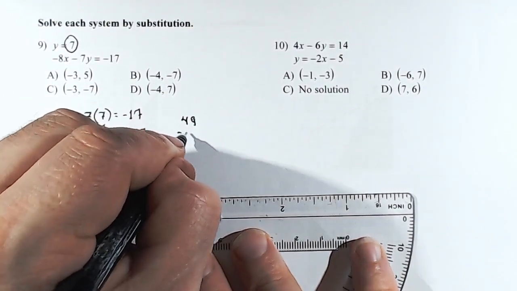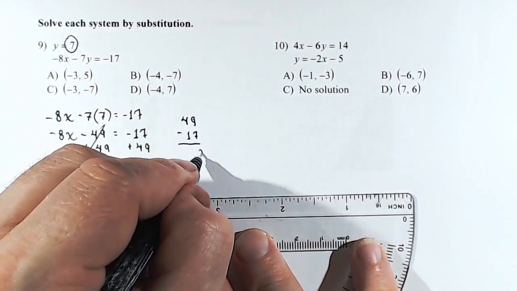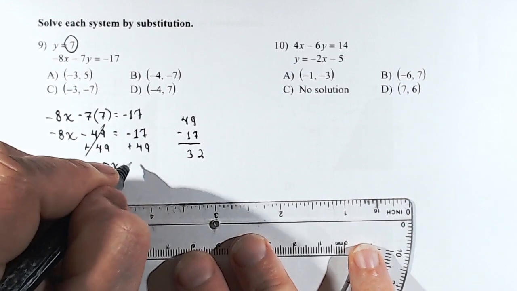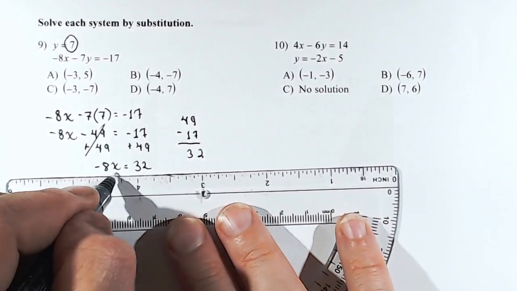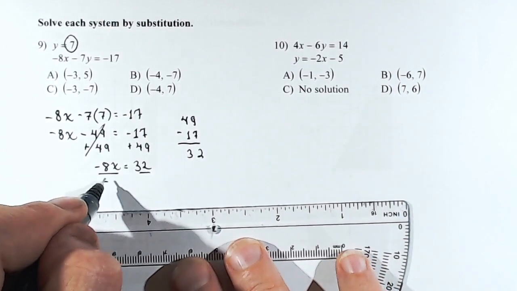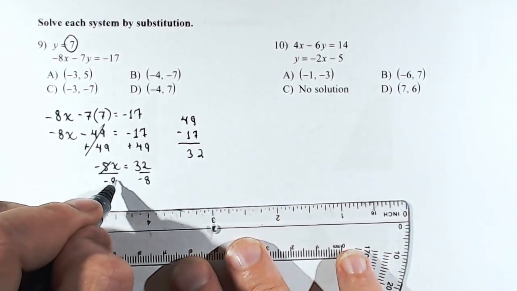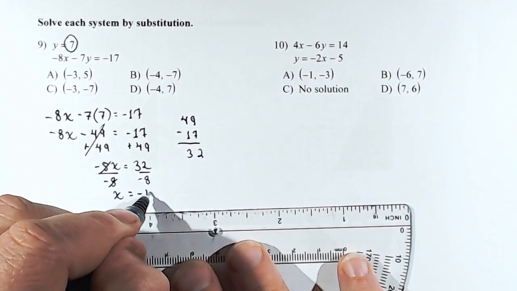More hard work. 7 from 9 is 2, and 1 from 4 is 3. Okay, cool. So it's a positive 32. And then we'll just divide both sides by negative 8. Cancel, cancel. So x equals negative 4.